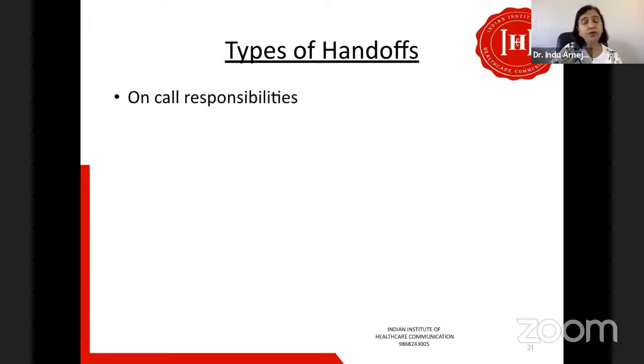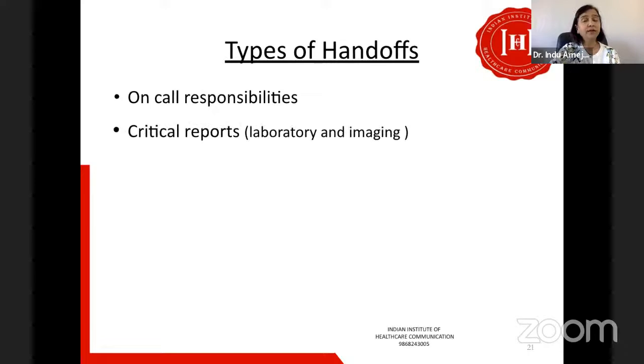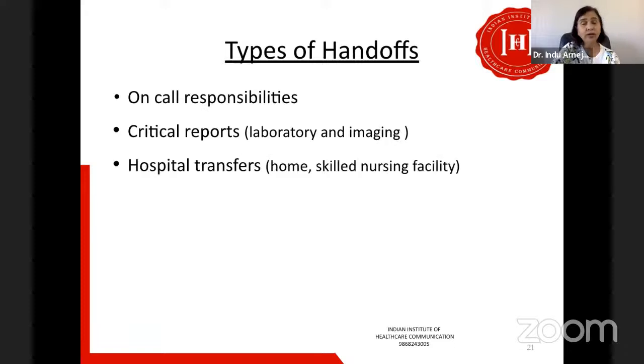For example, when you are sending a referral call, if you're calling somebody, it's again a handoff. Then when you are talking about critical reports, for example, from lab to the respective consultant or the primary physician, if you are sending a critical report message, it's also a handoff.